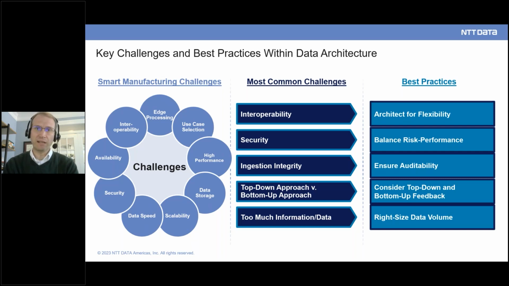Security is obviously key. You can't go anywhere without needing to understand the cybersecurity implications of really anything. So when we think about Industry 4.0 and devices on the shop floor and the need for security, we think about balancing risk and performance.